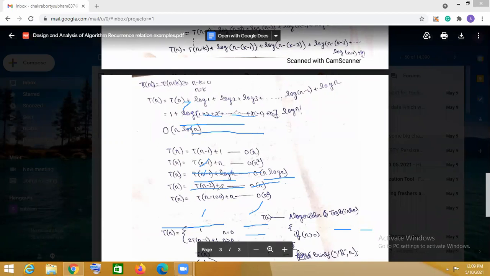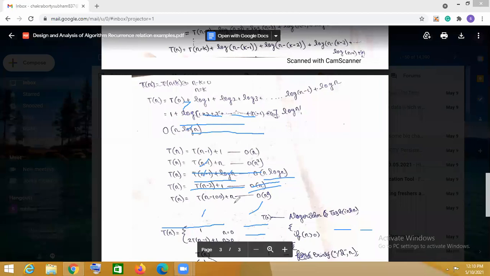If T(n) equal to T(n minus 2) plus 1, then what will it become? It will become order of n. If there is T(n minus 100) plus n, then what will be the order? The order will be n square. So this is the simplest trick to solve a recurrence relation, and when you are doing an objective, write like that.